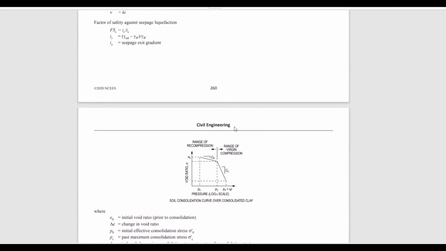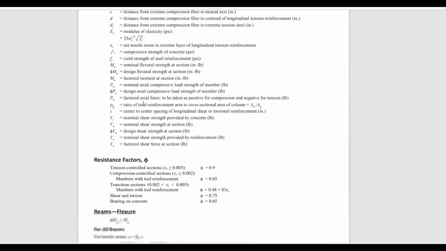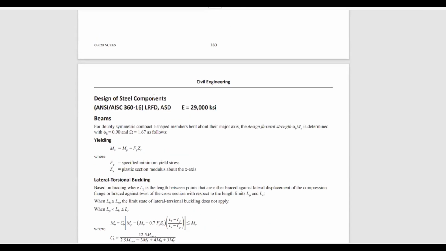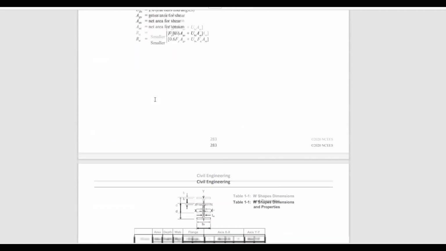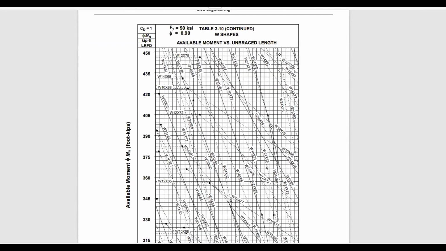We're going to go all the way down to steel design, structural design, and keep going downwards. Short columns, concrete, there you go. Design of steel components. Over here, there's a table somewhere here at the end, there you go, this table.